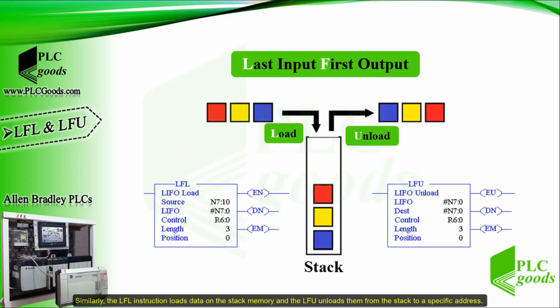Similarly, the LFL instruction loads data on the stack memory, and the LFU unloads them from the stack to a specific address. Pay attention. When LFL and LFU instructions are used, the last input data will be the first output data.